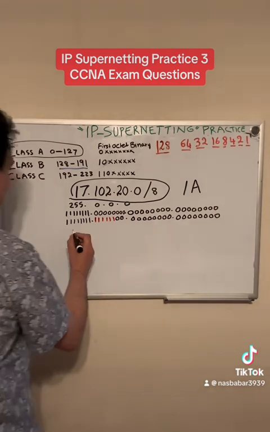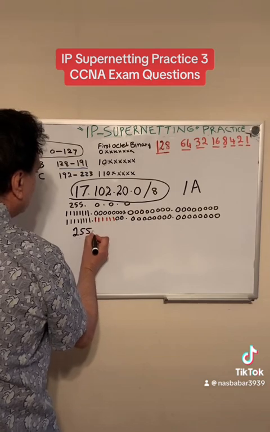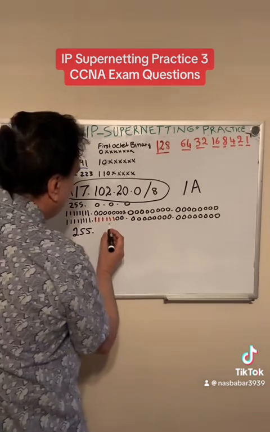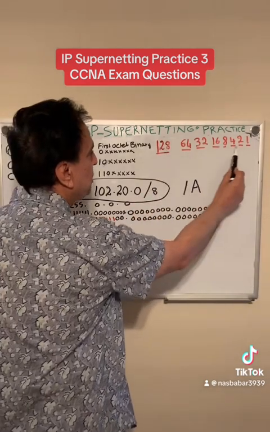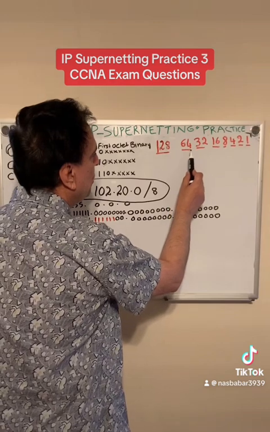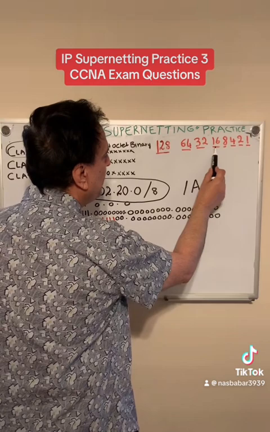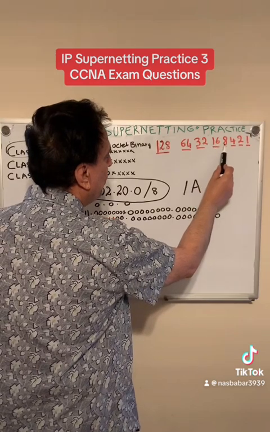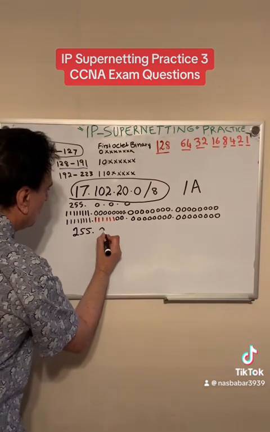So what will be the new subnet mask? The new subnet mask would be 255 dot, how many ones do we have? 6 ones. I always keep my reference cheat sheet right here. 128 plus 64 is 192, plus 32 is 224, plus 16 is 240, plus 8 is 248, plus 4 is 252. Bingo.